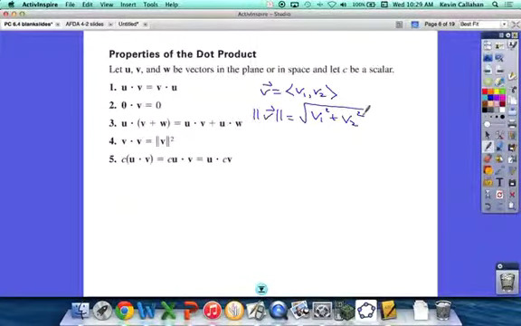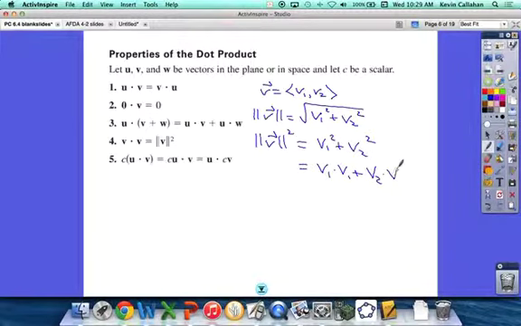If I square both sides, then I'm going to get the magnitude of v squared equals v1 squared plus v2 squared, which is v1 times v1 plus v2 times v2. And that is v dot v.